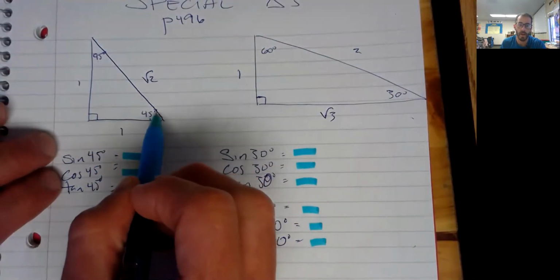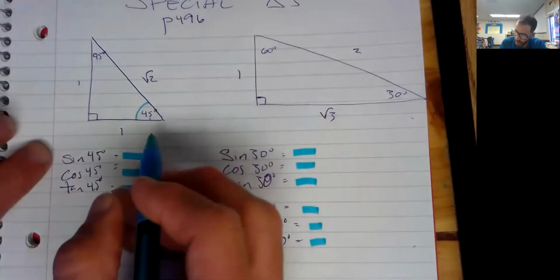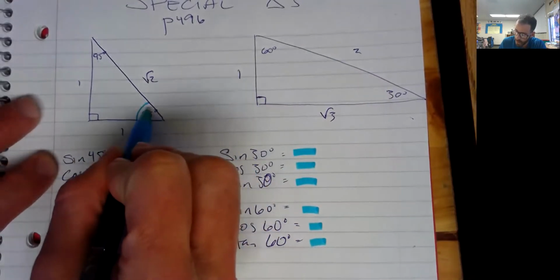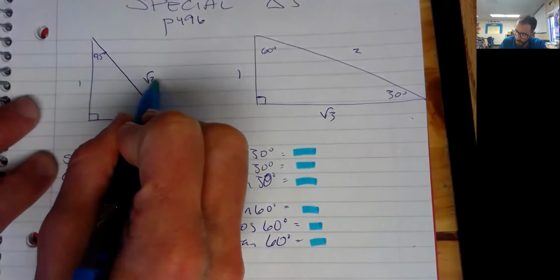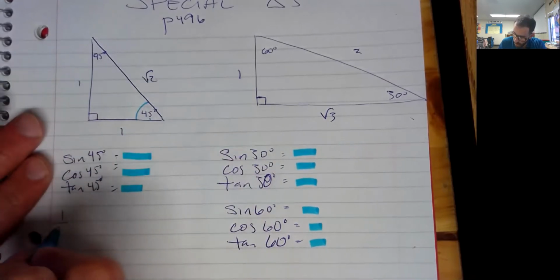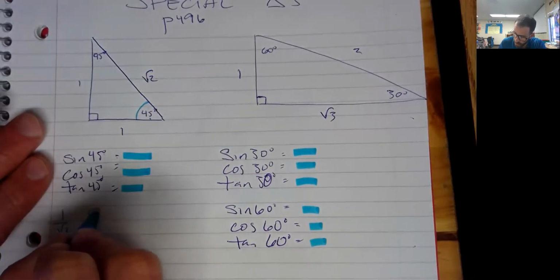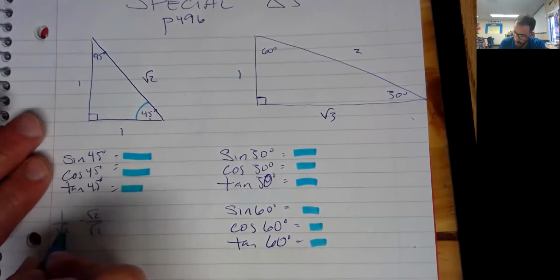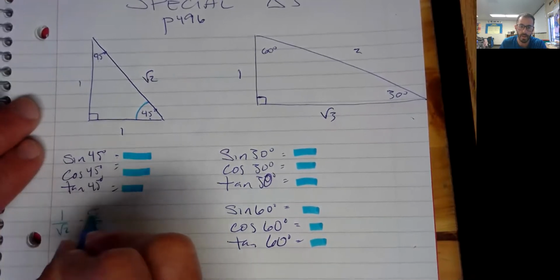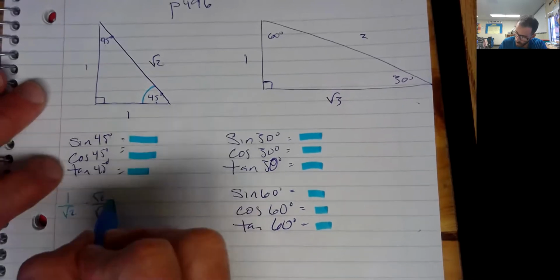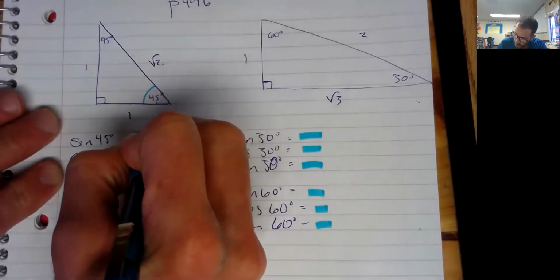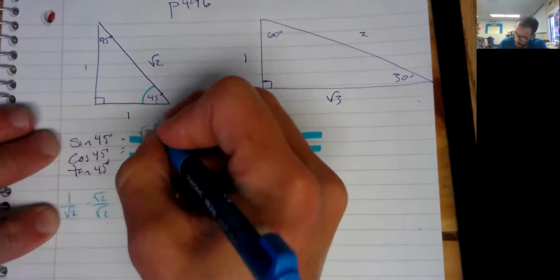So what's the sine? Let's just pick a 45-degree angle. It's going to be opposite over hypotenuse. So I need to do some math. 1 over rad 2. I don't like the denominator, so I multiply by rad 2 over rad 2, itself over itself. What do I get? Rad 2 all over 2.